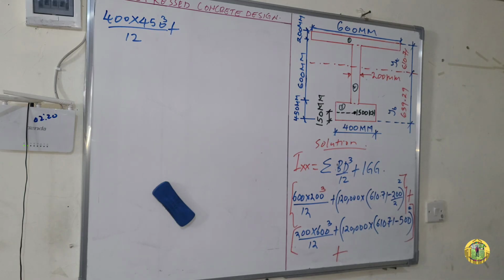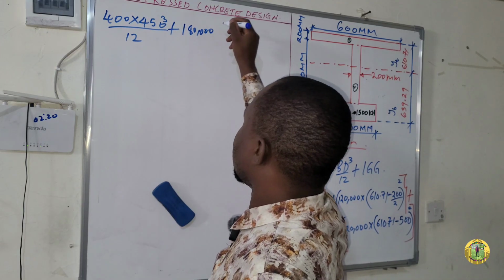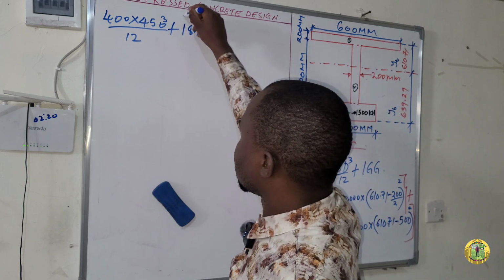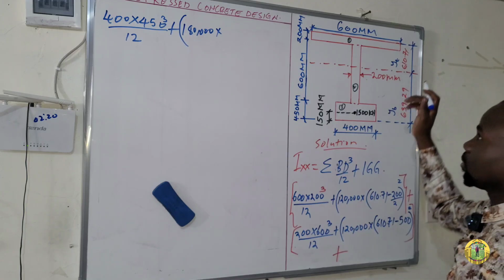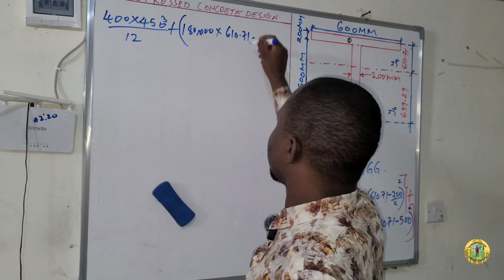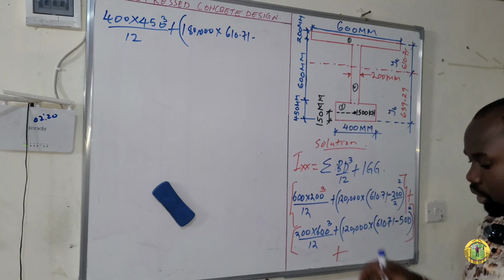So plus 180,000 times you take 610.71 minus. Now a half of 450, divided by 2, you will get 225. 225 plus 600 plus 200.